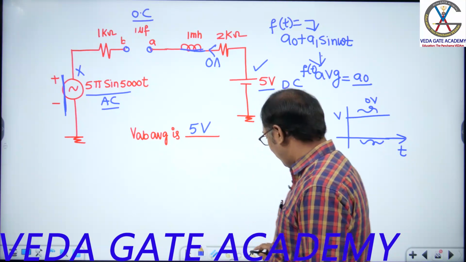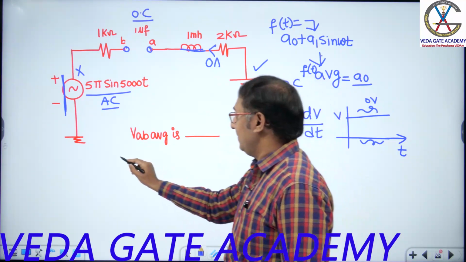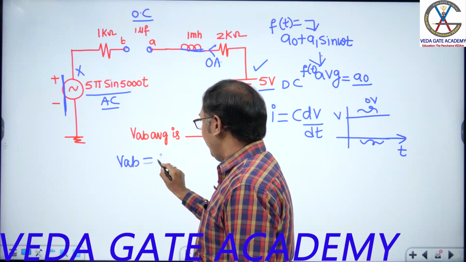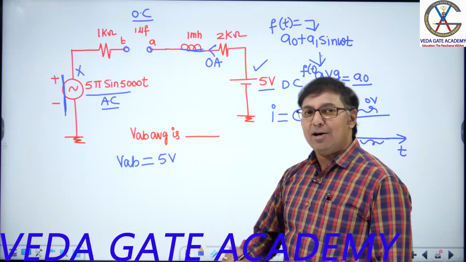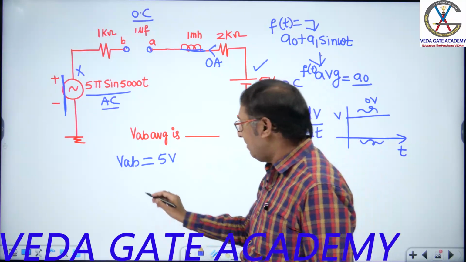So VAB average is 5 volts. Let me write VAB first. VAB is 5 volts. Now VAB because of AC, not required, but it's an example.